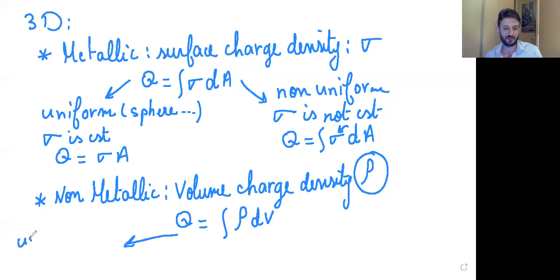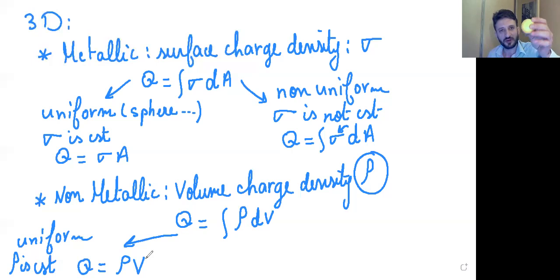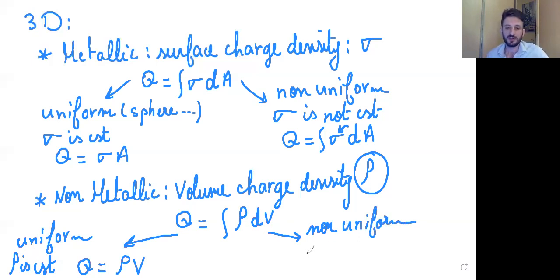In the case of uniform, rho is constant, and you take rho out of the integral. We get Q equals rho times V. V is the total volume of this charge, okay? And in the case of a non-uniform distribution, rho is not constant.